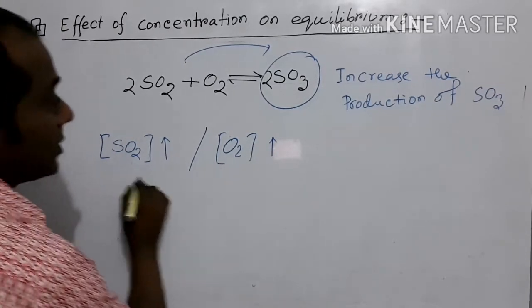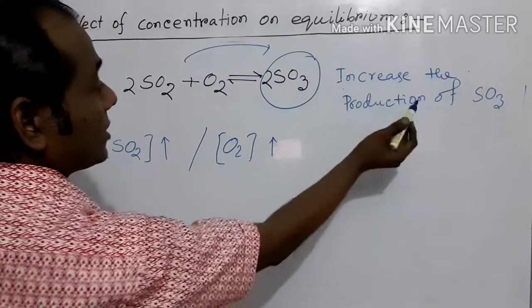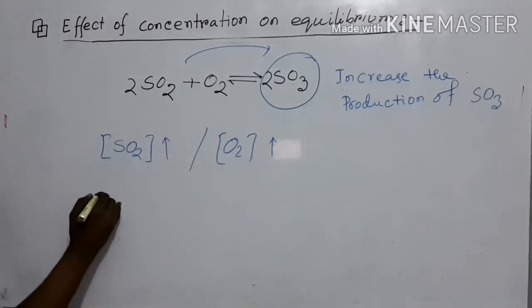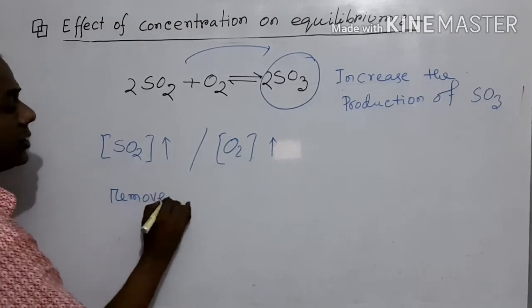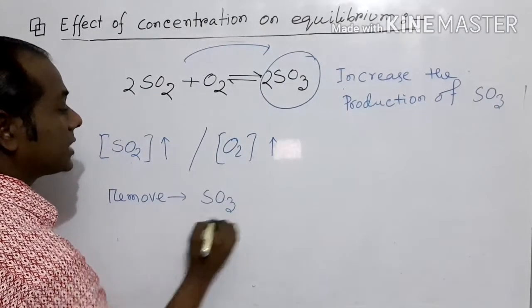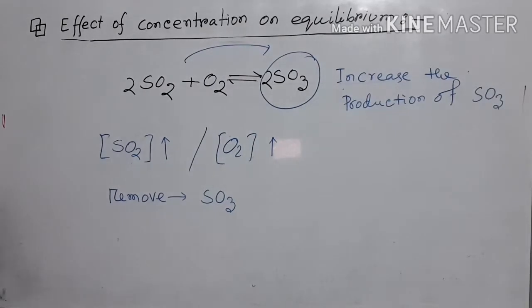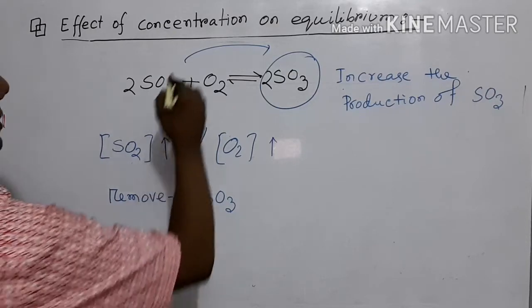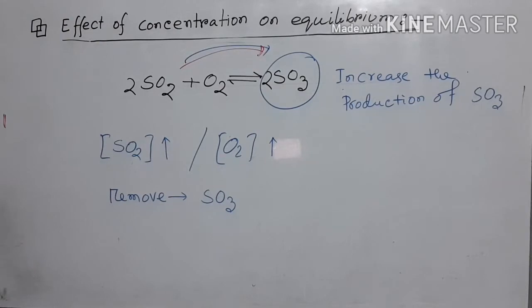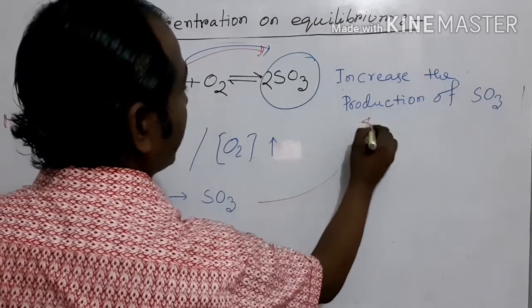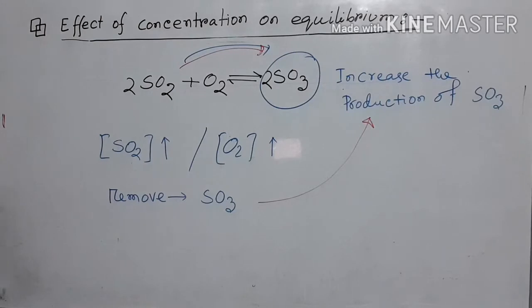And another way to increase the production of sulfur trioxide, that is, if we remove sulfur trioxide, then equilibrium is disturbed, and equilibrium tries to undo the change and forward reaction occurs, and our production will increase.